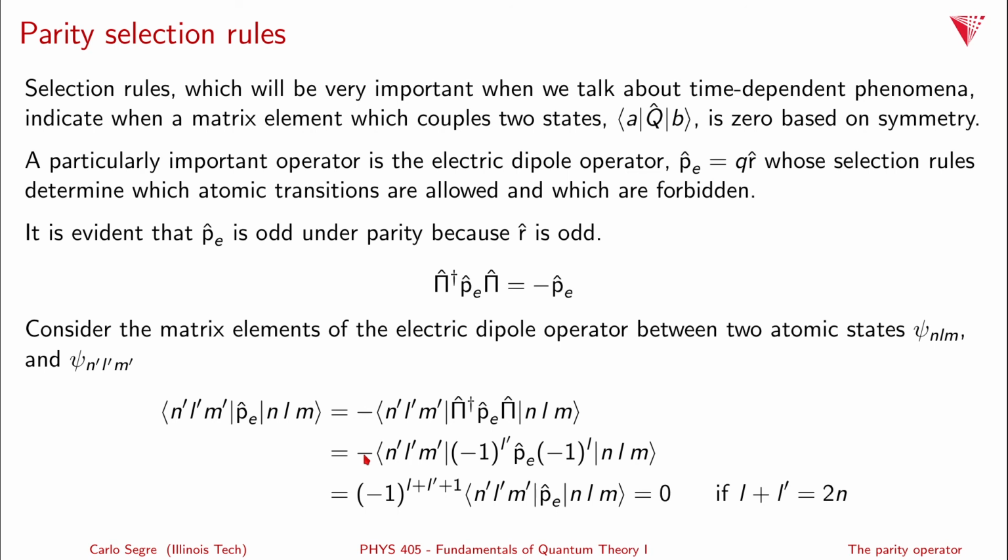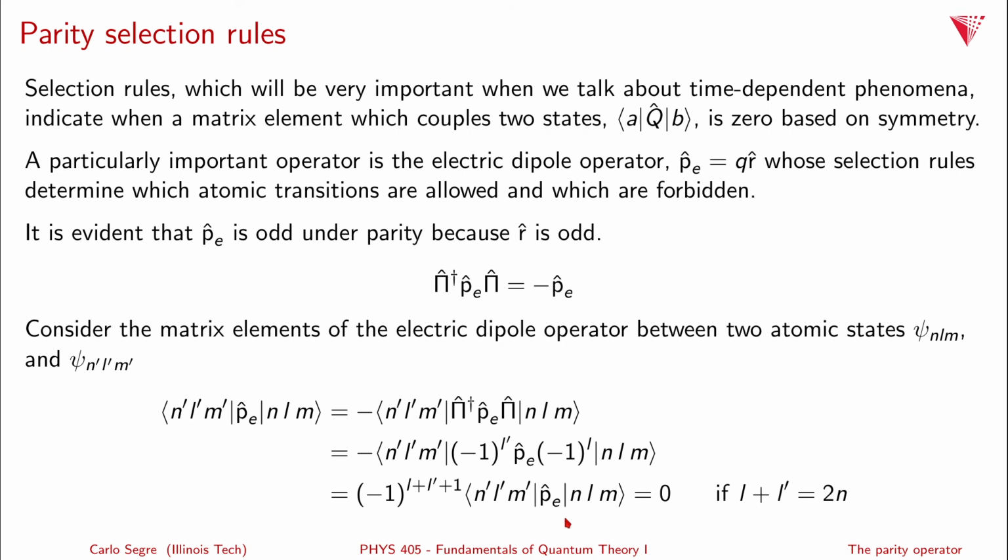And that's equal to 0 if L plus L prime is equal to 2n. Because if L plus L prime is equal to 2n, then you get a minus sign out of here, and you can't have these two matrix elements be the negative of each other.